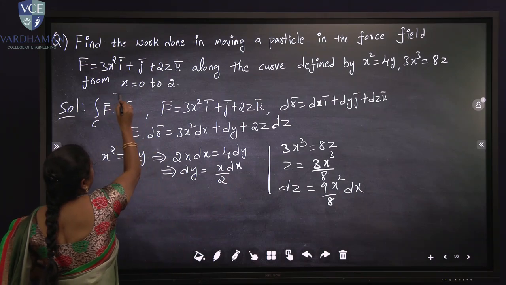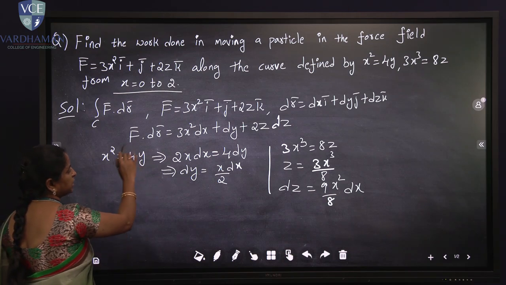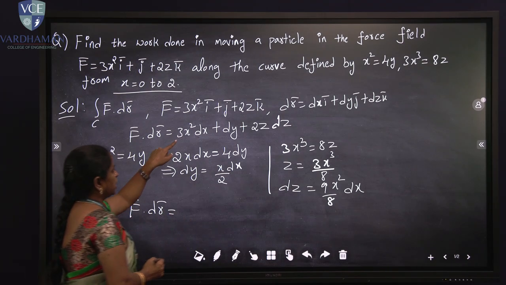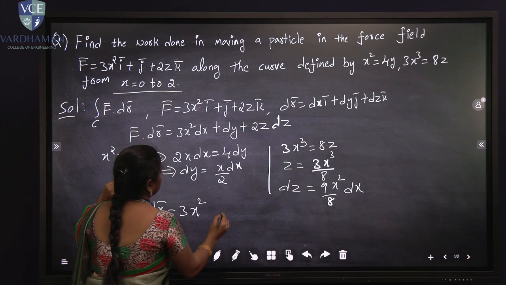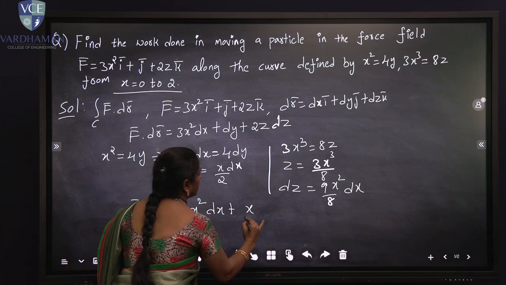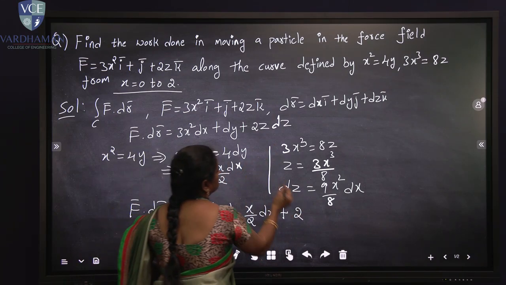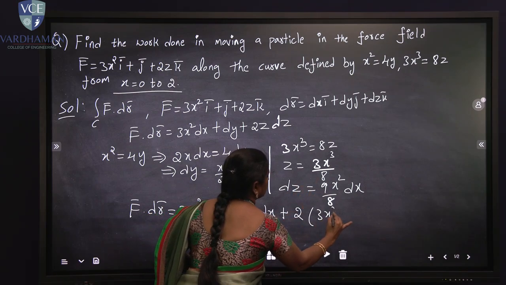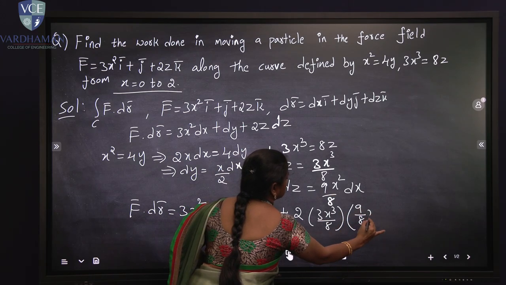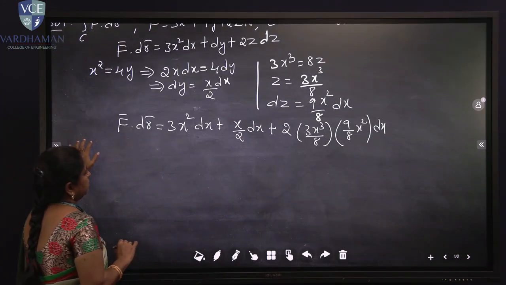Now, the limits also they have given, x varies from 0 to 2. Now, we substitute all these values. Before taking that into the integration, F bar dot dr bar is 3x square dx plus dy, we got x by 2 dx, plus 2z, 2 into z is 3x cube by 8, dz is again 9 by 8 x square dx.